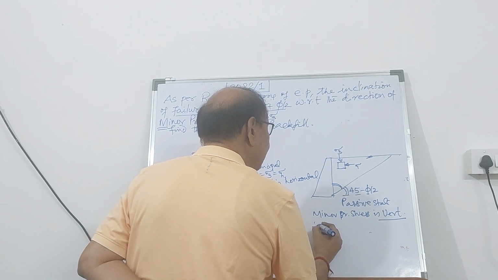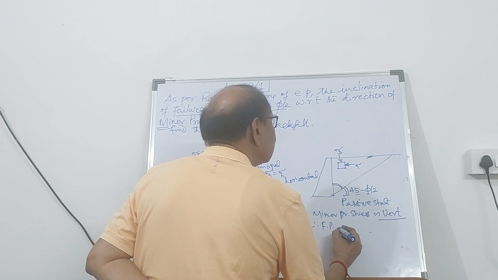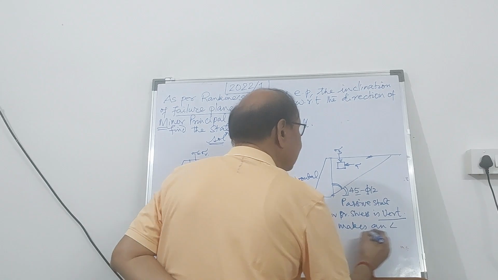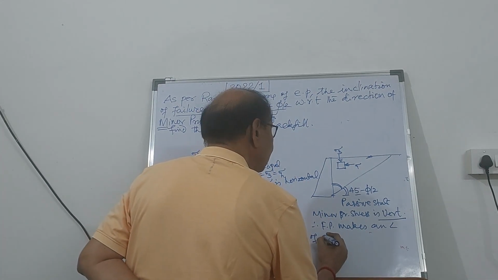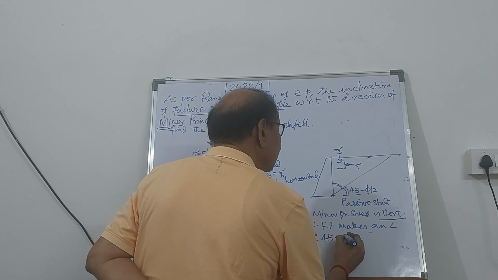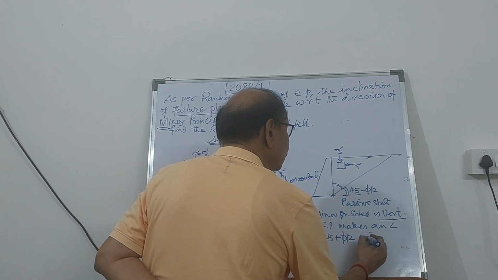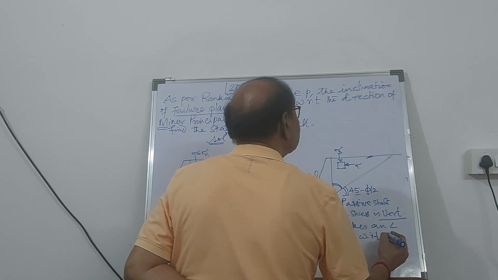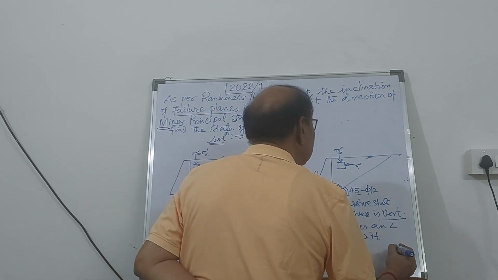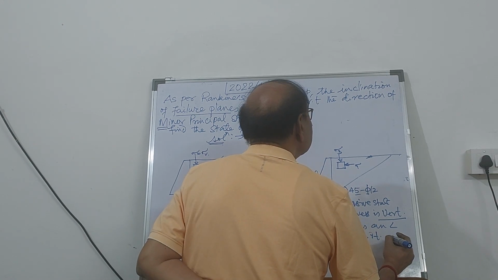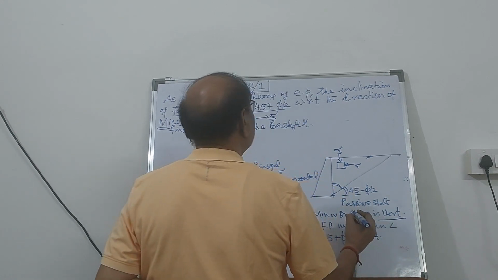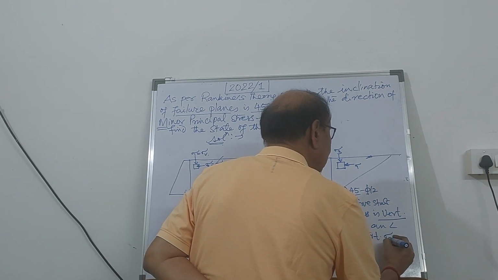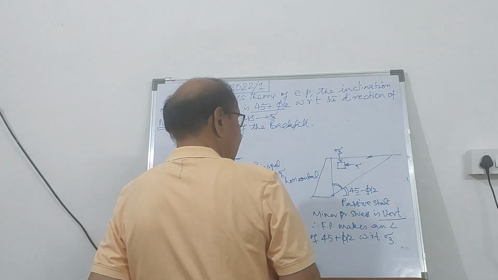The failure plane, therefore, makes an angle of 45 plus φ/2 with respect to the direction of the minor principal stress, so with respect to sigma 3.